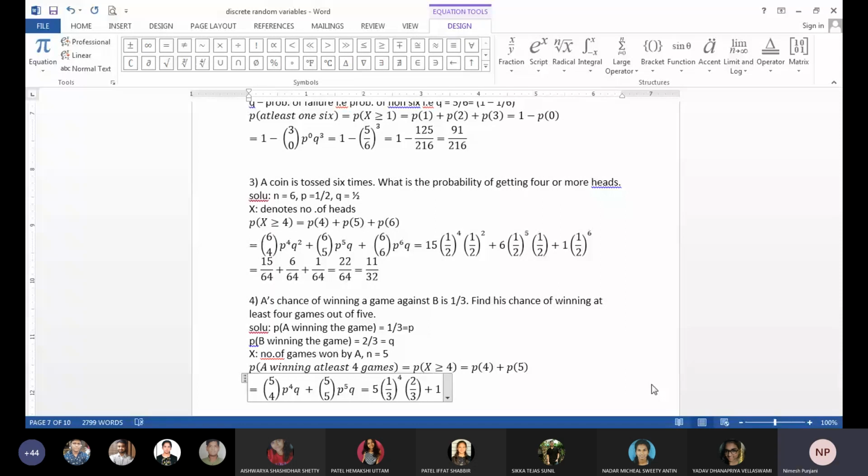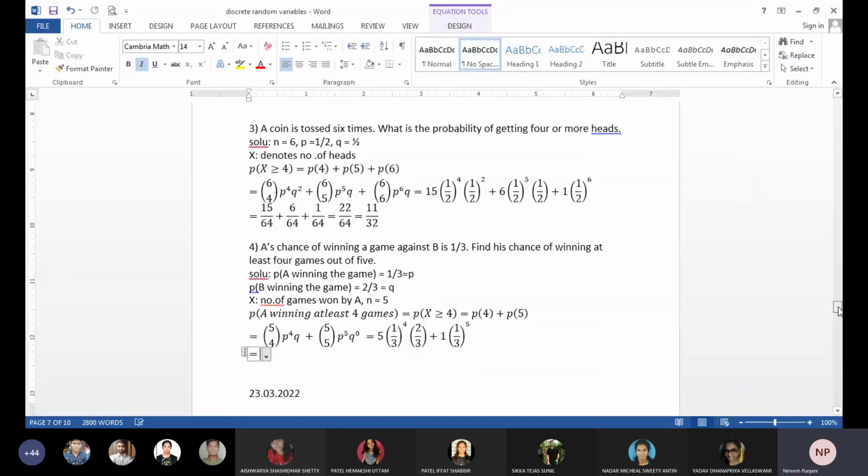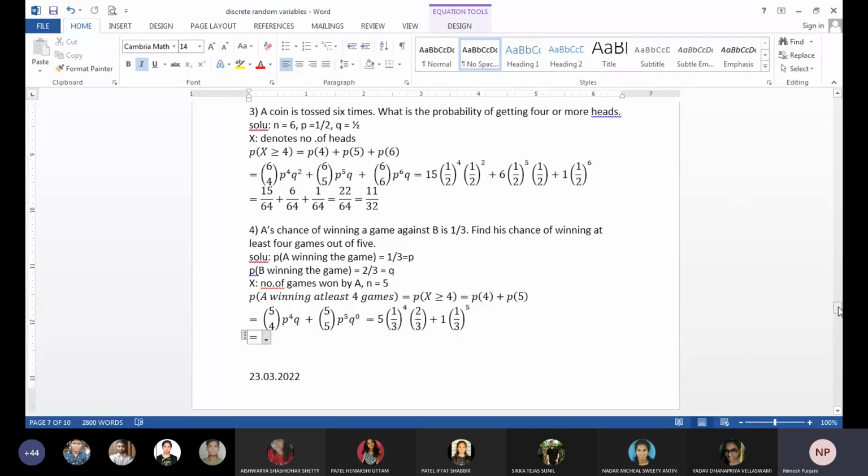Wait a minute, here q raised to 0 will come. Just a second. So 1 into p raised to 5. How much is p? 1/3. So we get the answer as 10 upon 243 plus 1 upon 243. 11 upon 243. This is my answer.